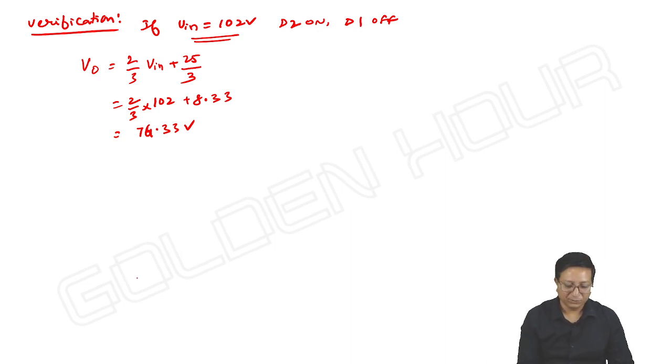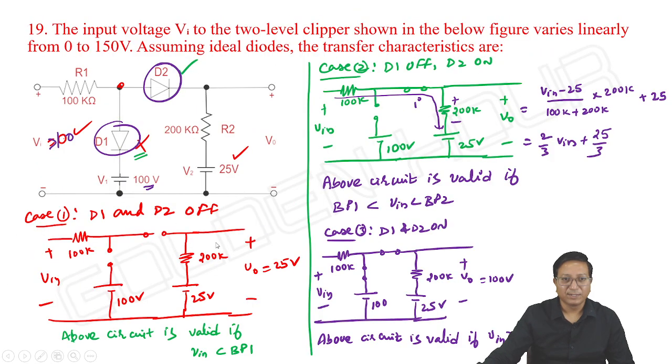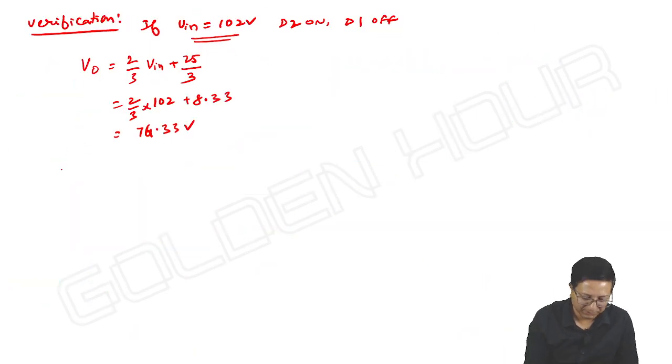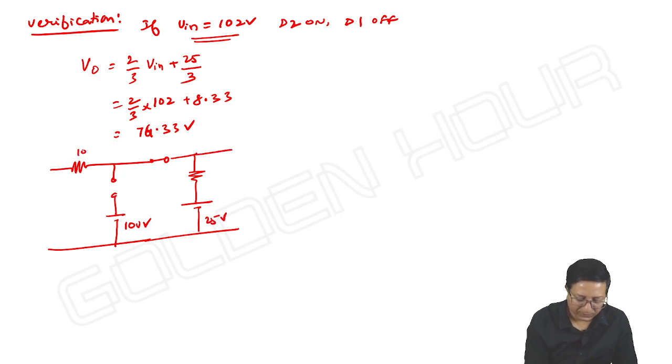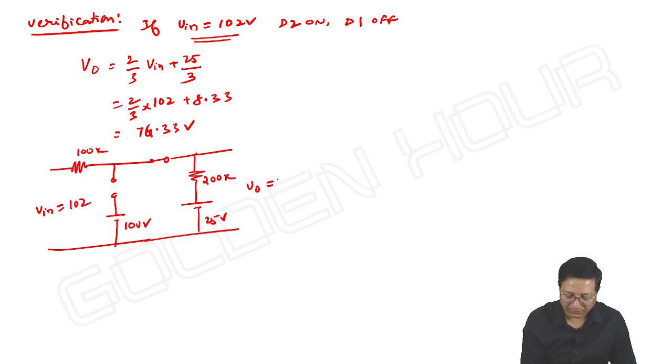76.33, which means in circuit 2, case 2, what about the anode voltage? If the input is 102 volts, I will draw the circuit. Input is above 100, and what about the corresponding output?